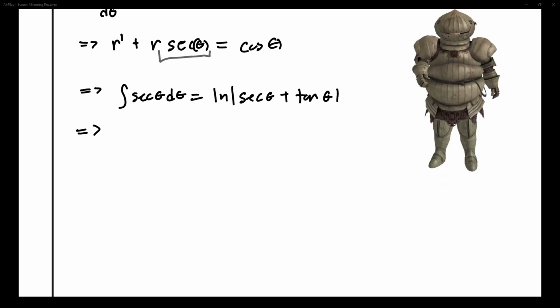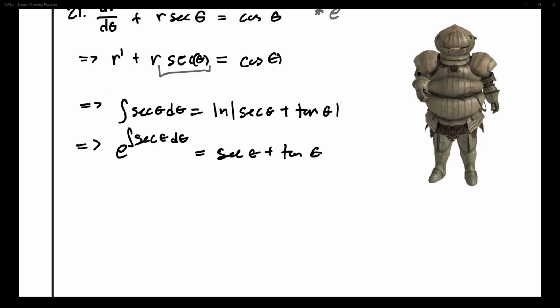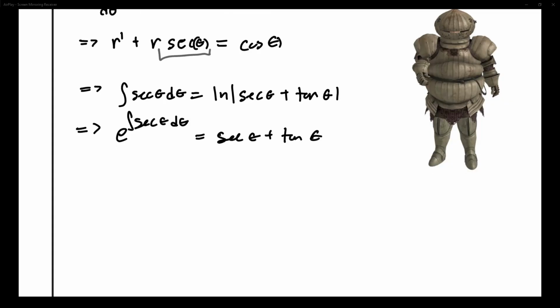Now we raise that to the power of e. So e to the integral of secant theta d theta is equal to, since we have e underneath a natural logarithm, we can just take the inside: secant theta plus tangent theta. Cool, so that's step 1, the integrating factor.